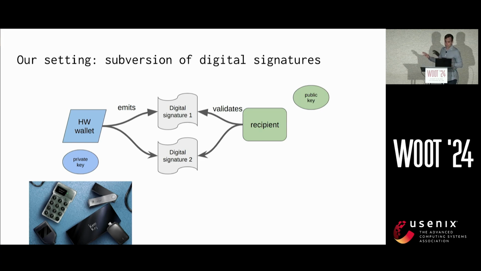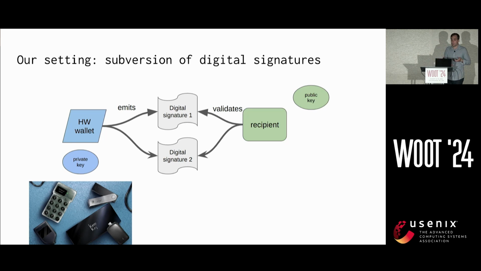Cool. So this is a high-level representation of a digital signature scheme protocol. On the left side, we have some kind of hardware that generates signatures. That's typically an HSM or a hardware wallet or any kind of dongle that has access to a private key and generates ECDSA signatures, right?